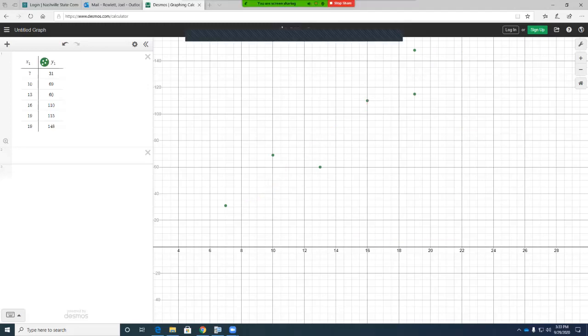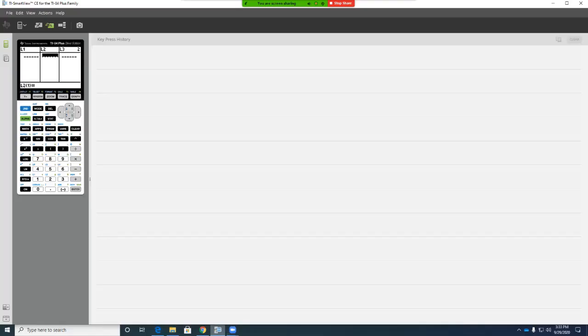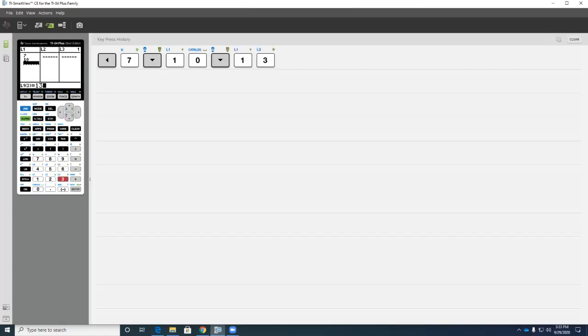So to do that, I'm going to switch over and we're going to take a look at the graphing calculator here. The first thing we're going to do, if our lists are clear, is enter the X values in list 1, and then we will enter the Y values in list 2. So I have a 7-year-old, a 10-year-old, a 13-year-old, a 16-year-old, and two 19-year-olds.